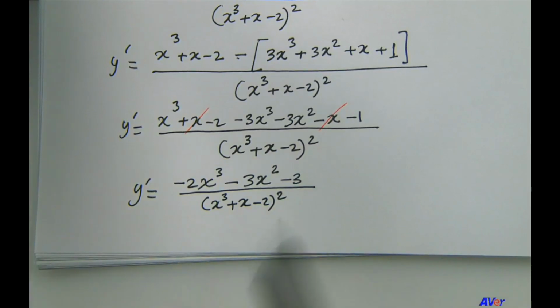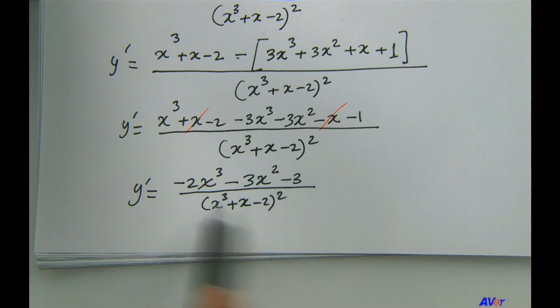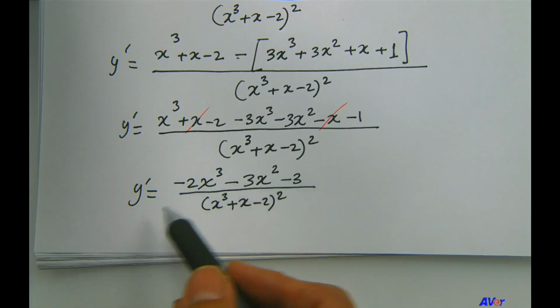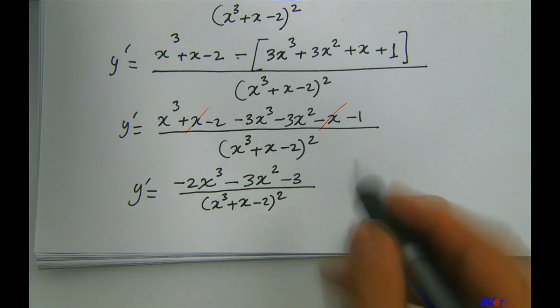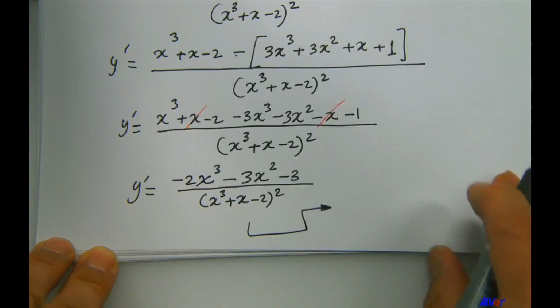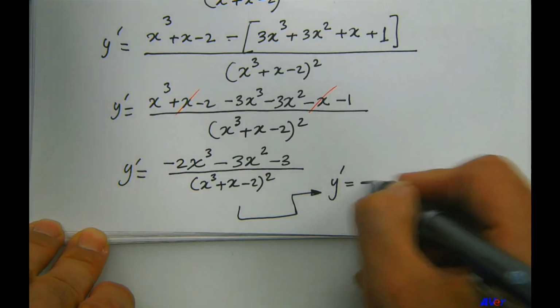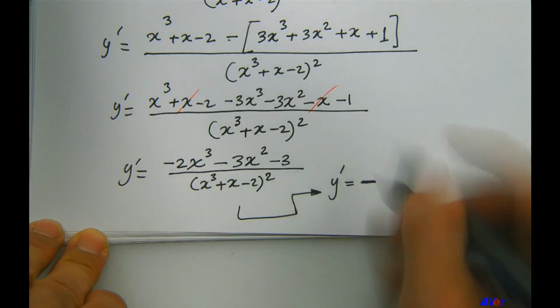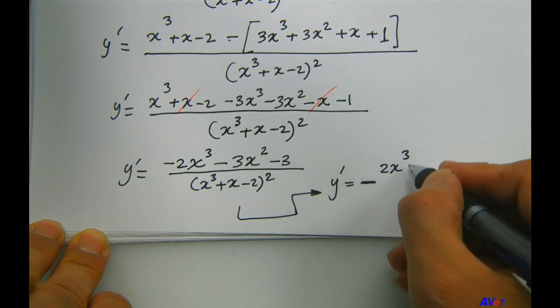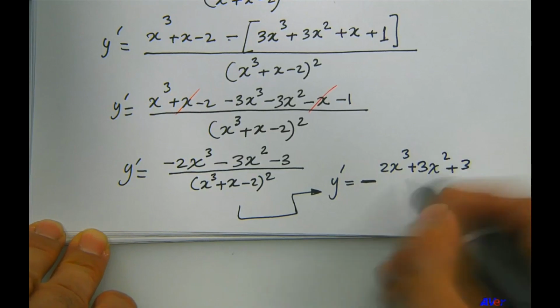I mean, we can leave it like that, or we can do a little more simplifying by factoring out the negative here. Negative, negative, negative. Let's put that factor -1 and put that minus in front. So from here, we say y prime is equal to minus, that's that -1 factored out, 2x cubed plus 3x squared plus 3.